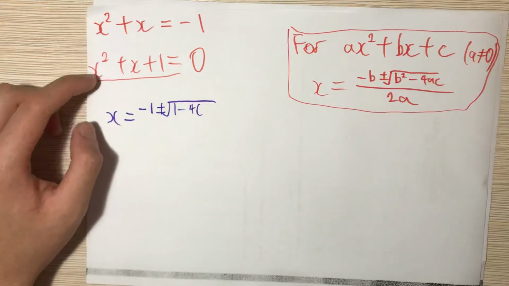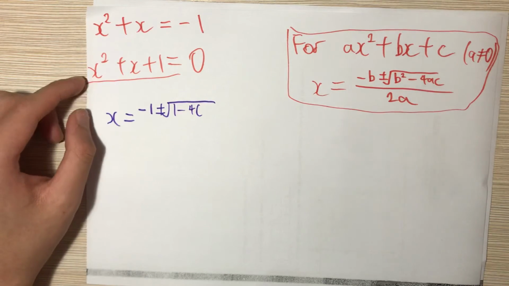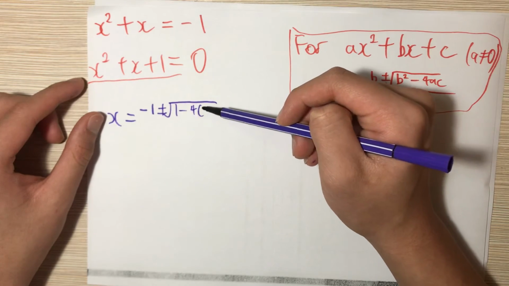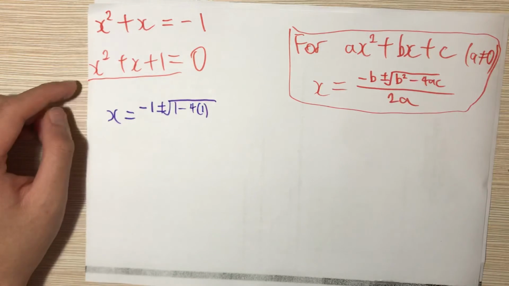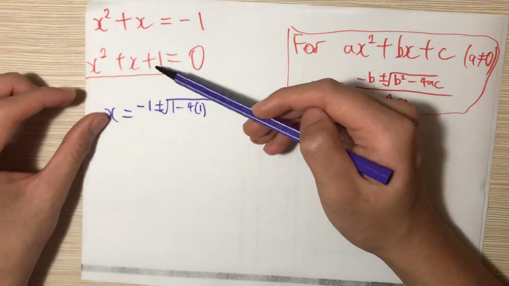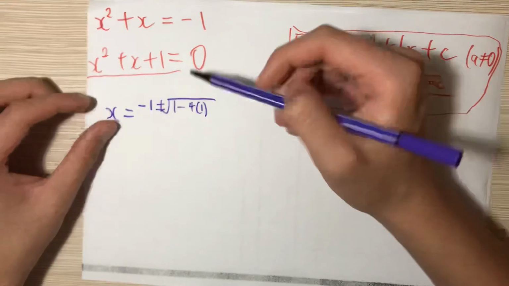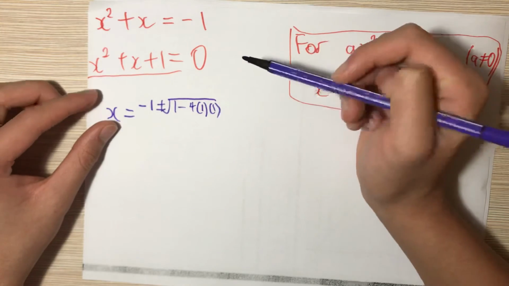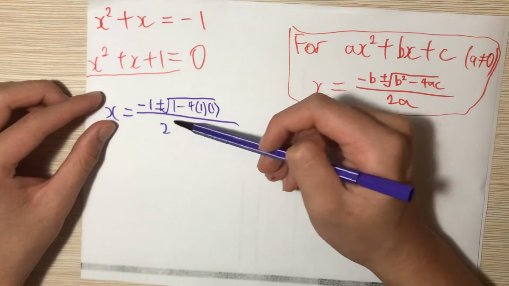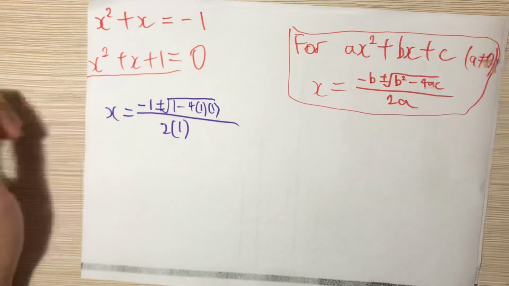Now what is a? a is also 1 because nothing is before it. And then c is also 1, over 2a, which is 2.